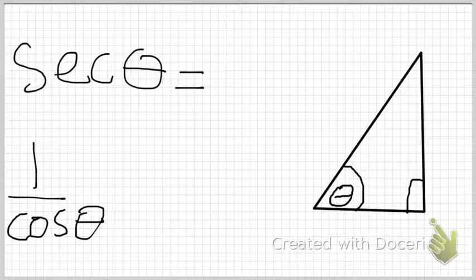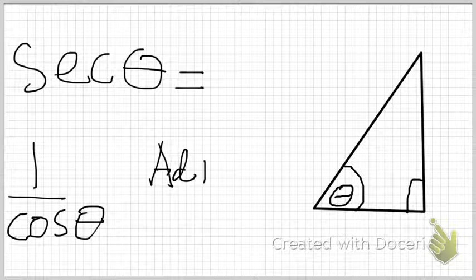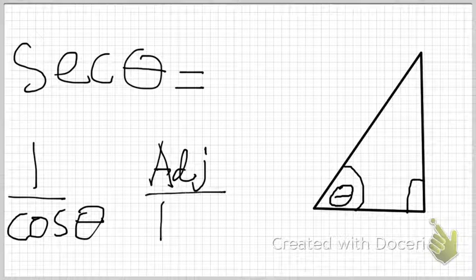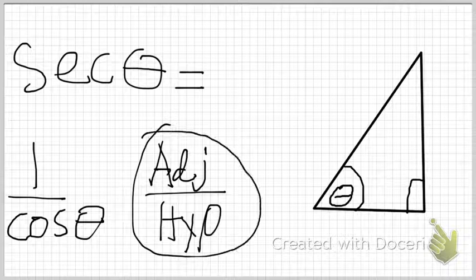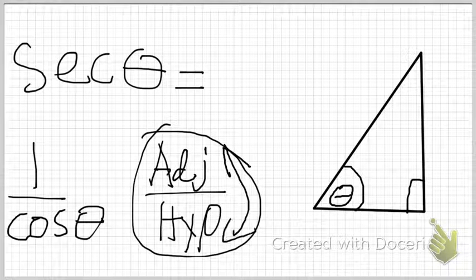Now to find cosine of theta, it's adjacent over hypotenuse. But since now we're trying to find secant of theta, you flip this fraction. So you flip the numerator and the denominator.